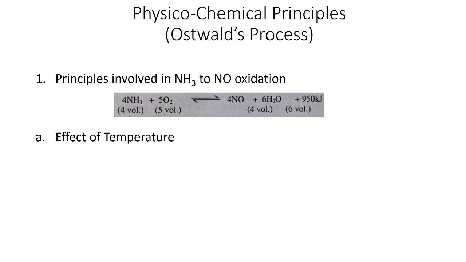You cannot change this temperature. At low temperature the reaction rate is low, and if you increase the temperature, there are chances of ammonia getting oxidized to nitrogen, not to NO2 or NO. So to avoid that, you have to avoid a temperature higher than 750 degrees Celsius.